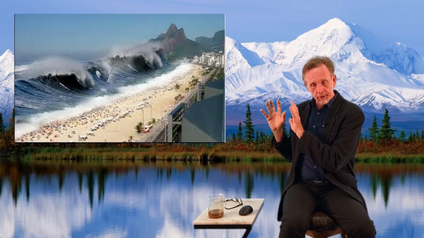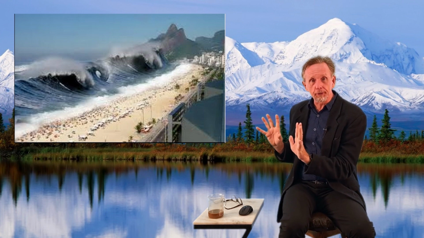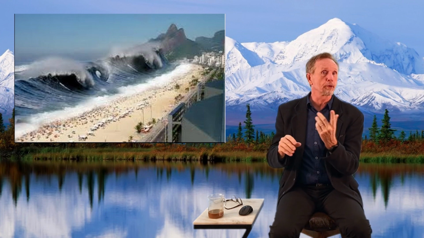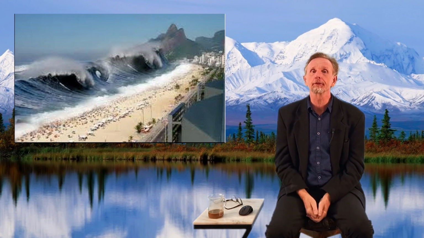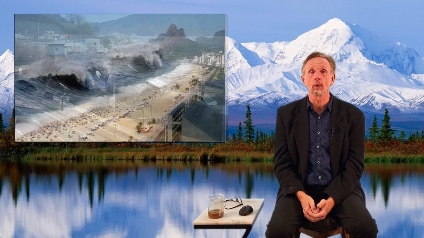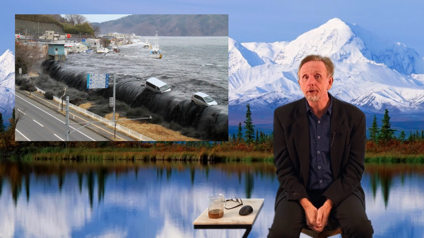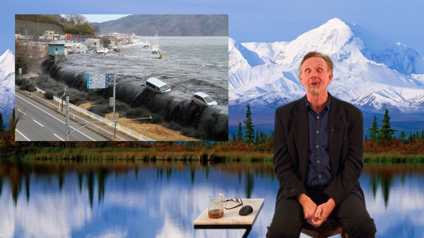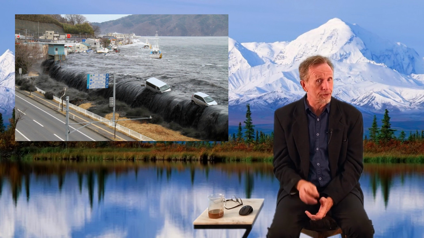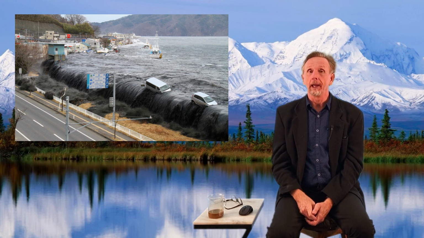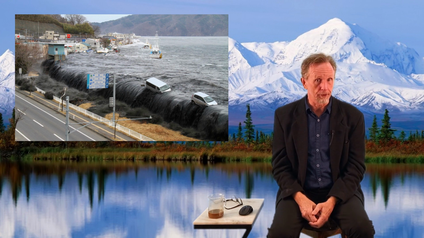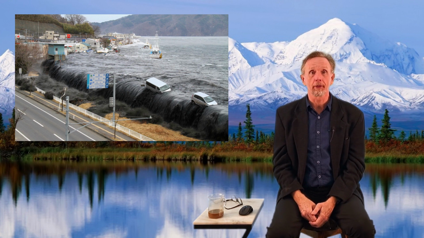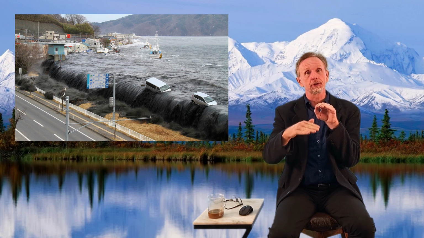But this huge Indian Ocean tsunami came in and swept through Indonesia, Thailand, this whole area, India as well. Over 230,000 people died in this single tsunami, and there was no warning system. The only warning was that you started to see the ocean recede.